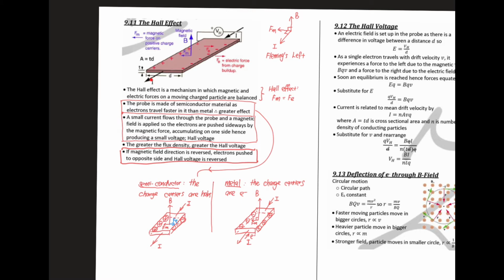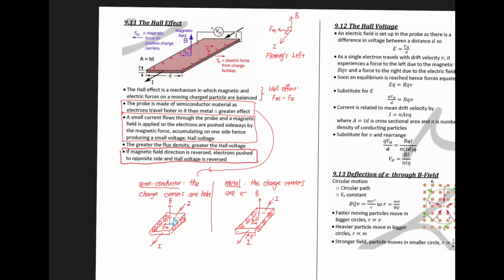So when Fm equals Fe, the positive charge will not go to the left or to the right, but they will move straight. Now, what is the function of this thing? You see, they are saying that this piece is a probe. What is a probe? A probe is a detector. It's to detect what? It's to detect how strong the magnetic field is, for example.